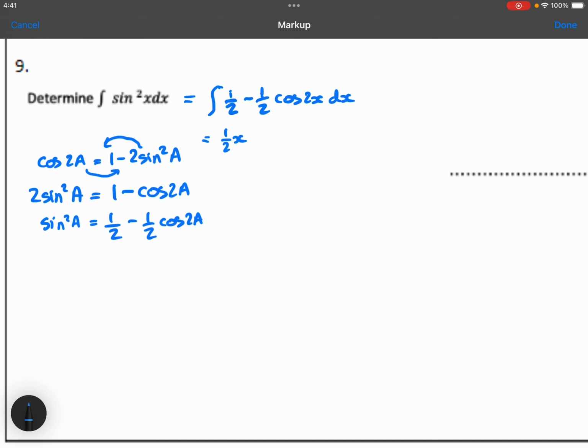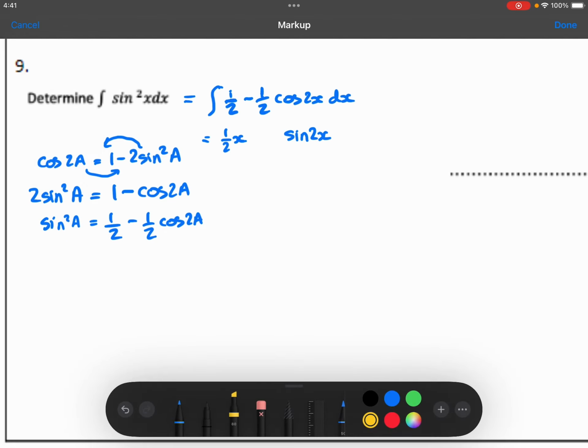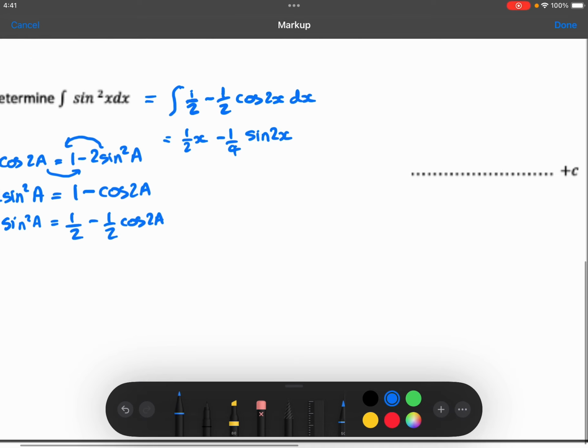We know cos is going to integrate to be sine, but because of the 2 on the inside there, we need to divide by 2 as well, by the reverse chain rule. So this minus 1/2 is going to become minus 1/4. So my answer will be 1/2 x minus 1/4 sine 2x plus c.